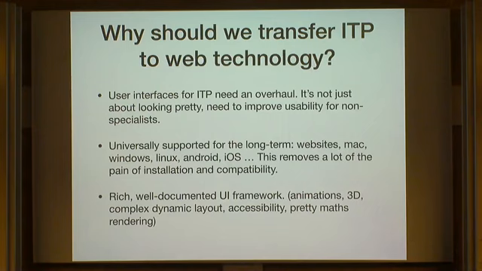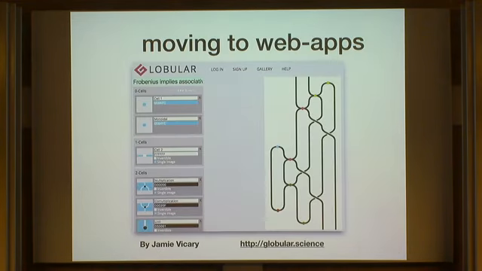Well, I think my inspiration was basically Globular. My point at the moment is that it's a more advanced user interface platform, so it will be easier to make nice user interfaces for mathematicians on the web rather than using Swing or whatever.